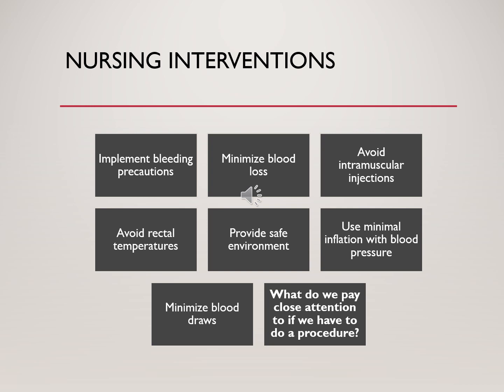For those that have this issue, we definitely want to keep blood draws to a minimum. It is very common that we draw way too much blood when we're in the hospital, and we cause people problems. So whatever tests need to be run should be run together with a minimum amount of blood.